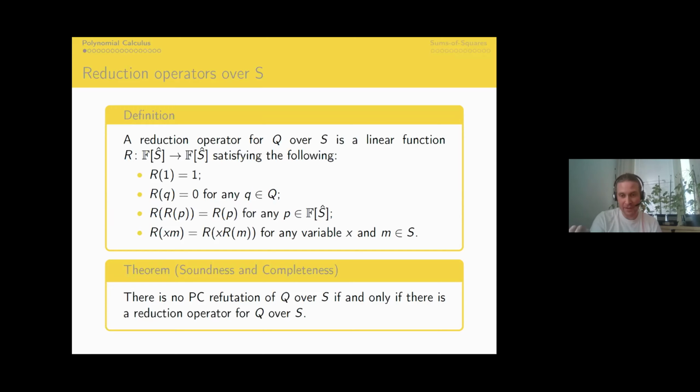And moreover, this is needed in the feasible disjunction property. Again, we're not discussing whether Q is unsatisfiable or not. We're discussing the syntactic question of whether there is a polynomial calculus refutation. So we could be in a setting where Q is unsatisfiable but there is no PC refutation. And even for such a Q, you now need to find this operator R.